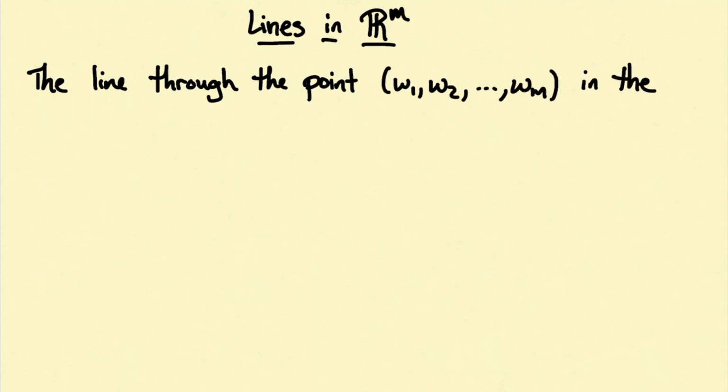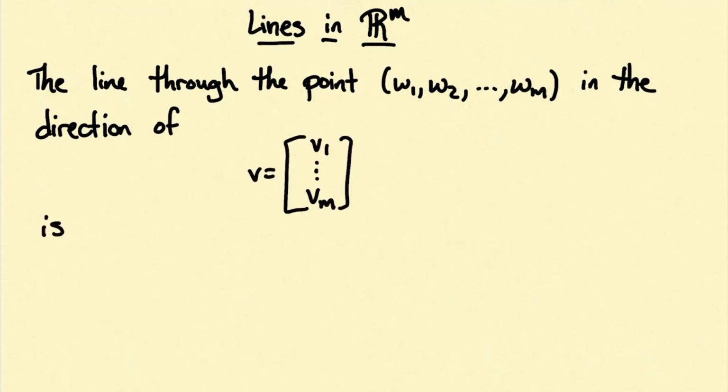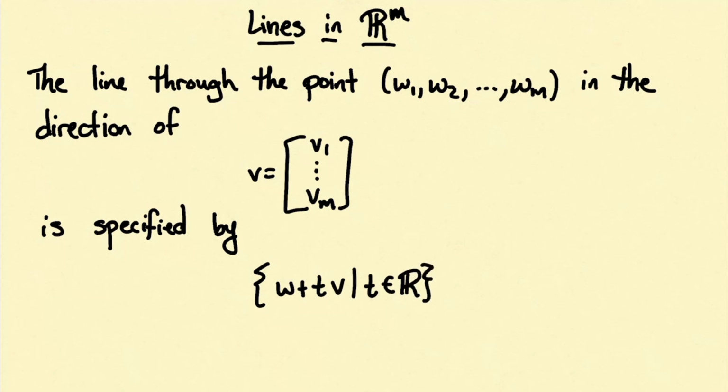So to generalize to higher dimensions, all we need is a vector that gives a direction and a vector that will give us a point through which the line should pass. So the line through the point (w1, w2, down to wm), which lies in Rm, in the direction of a vector v with entries v1 through vm, is specified by the set of all vectors w plus t times v, where t is any real number.